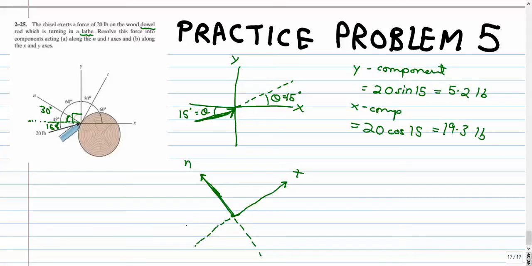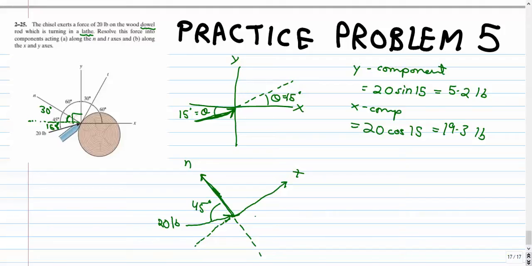The 20-pound force is acting something like this, and they have given us the angle between the 20-pound force and the N axis, and this angle is 45 degrees. So you might notice that there is some discrepancy between this value and this diagram, but you can just ignore that because this diagram is only for illustration.